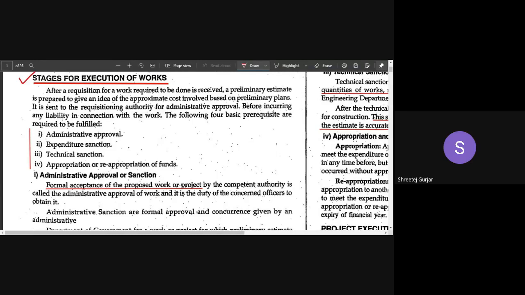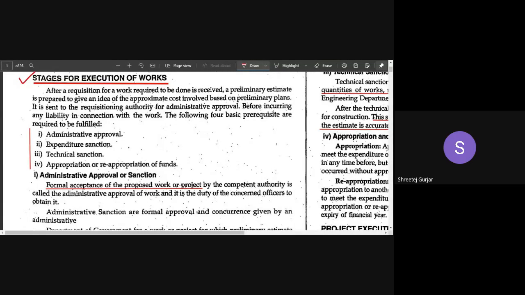Now there is one proposal, and you have to build a particular residential building, say an apartment building, that is proposed and is to be built.